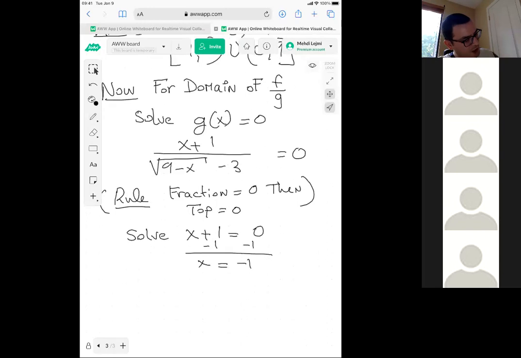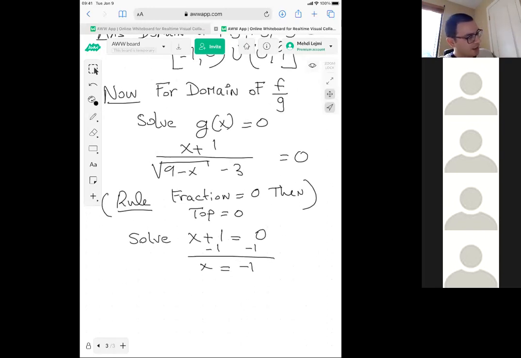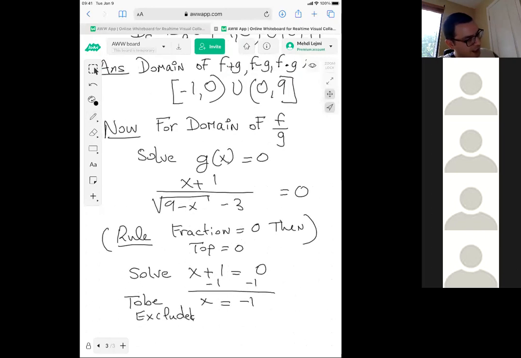So we have to exclude this -1 from the common domain. You see here the common domain, guys. In the common domain, -1 is included, right? So now we have to exclude this -1.